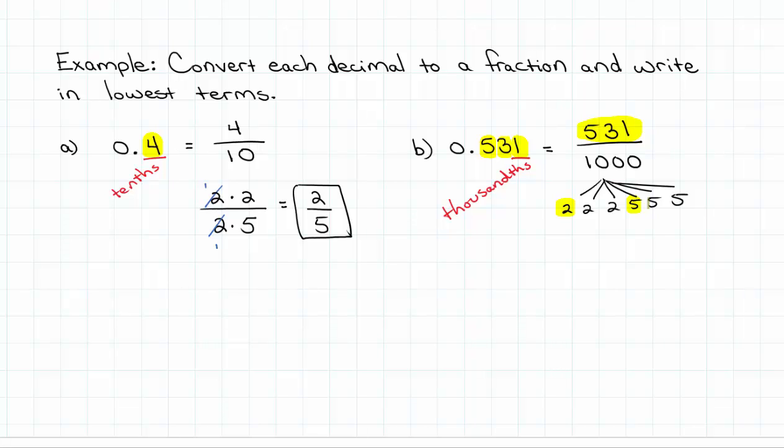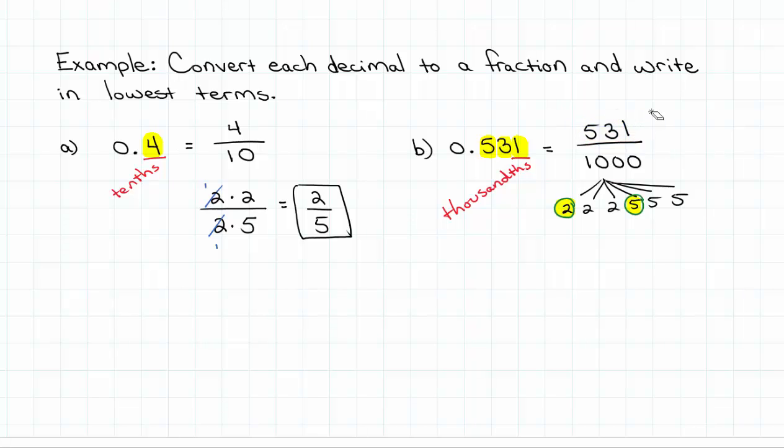It's helpful to know divisibility tests. I know it's not divisible by 2 because 531 is not even. I know it's not divisible by 5 because it does not end in 5 or 0.